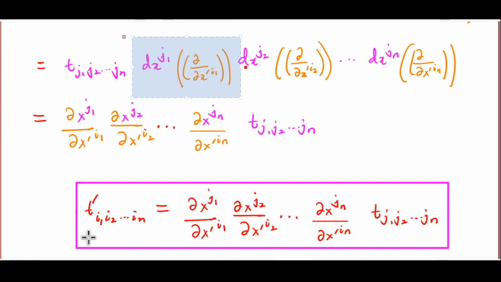The upshot of all this is the very, very famous change of coordinates rule for tensor fields. T'^i1 i2 ... in is ∂x^j1/∂x'^i1 ∂x^j2/∂x'^i2 ... ∂x^jn/∂x'^in T^j1 j2 ... jn. So once you change your coordinate system, the component functions of a tensor field are linear combinations, actually C-infinity linear combinations, because all these coefficients are products of functions and hence functions themselves, of the components in the original coordinate system.